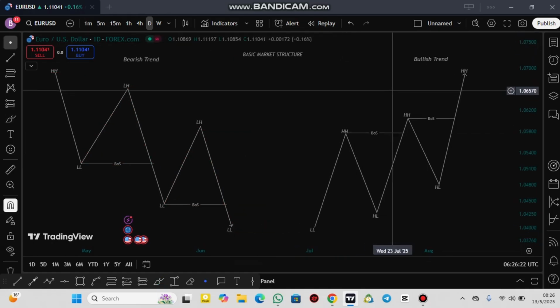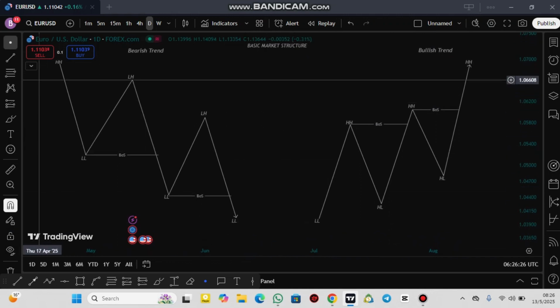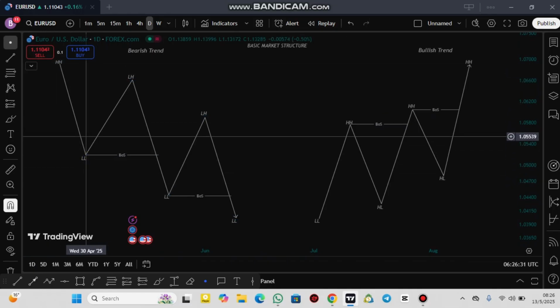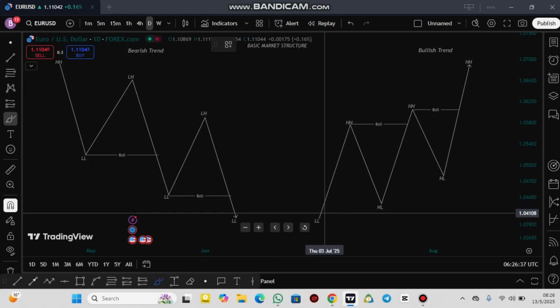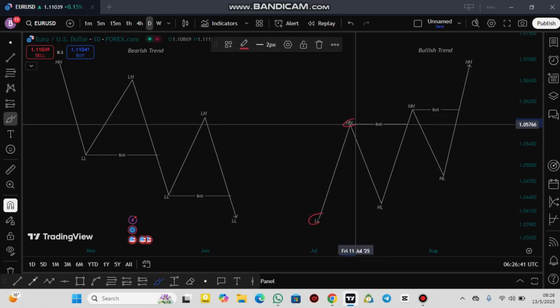Like we've said on the bearish trend, if you want to identify a bearish trend, you first want to see a higher high give you a lower low. The same is true for the bullish trend, but in reverse. If you want to identify a bullish trend, you want to see a lower low give you a higher high.